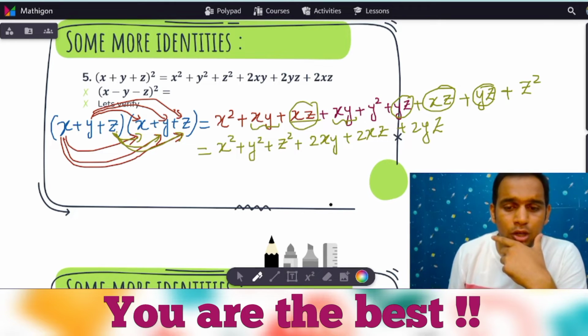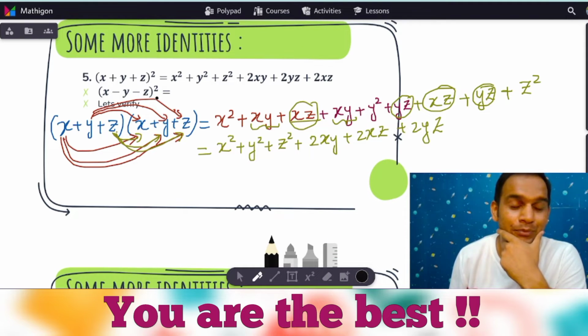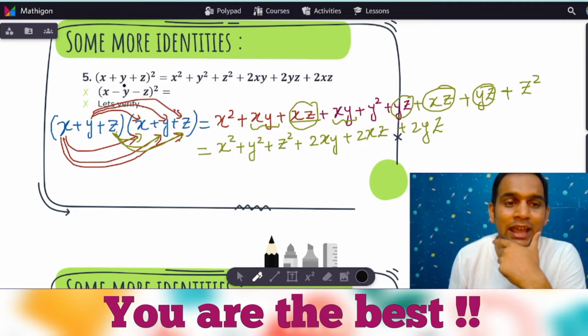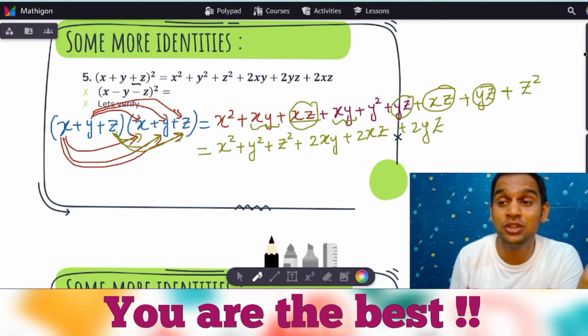Now we also have one more term over here, x minus y minus z to the whole square. Now what do I say? Instead of doing this whole process once again, wherever we have y, why not substitute minus y? We can do this directly, right? Wherever we have plus z, we will substitute with minus z. Why am I saying that?